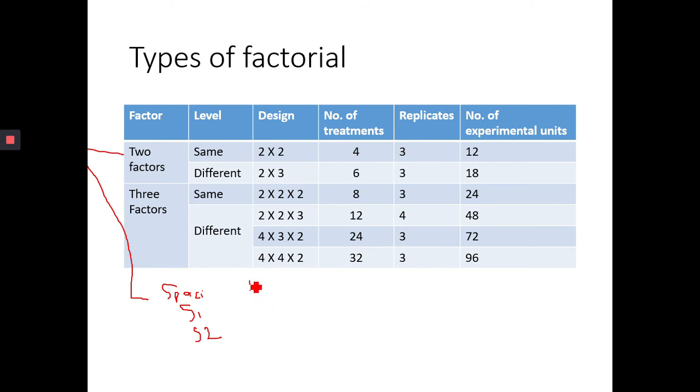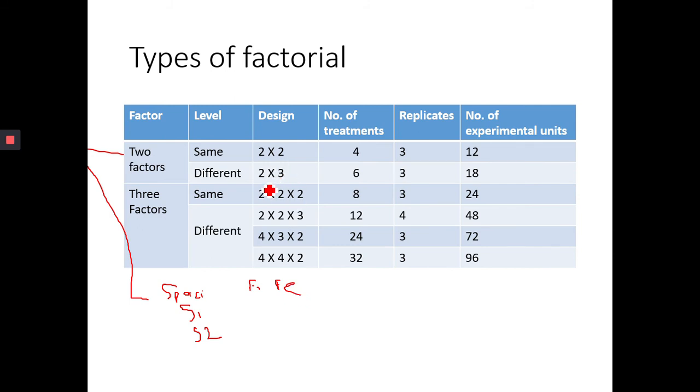So what it means here is spacing is a factor and fertilizer is a factor. So we have two factors. But these factors, spacing and fertilizer, also have the same number of levels, that is 2 for spacing and 2 for fertilizer. So in that case, we have a typical design called a 2 by 2 design, which is what is illustrated here.